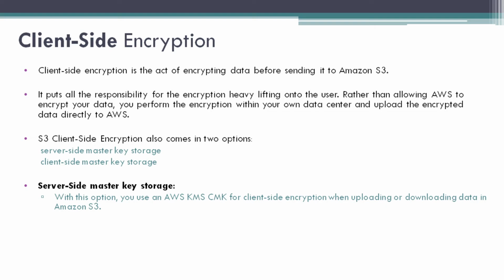So you can use AWS KMS for encrypting data, and this is nothing but server-side key storage. Your key is stored at the server side, and you use that key to encrypt data, and then you upload your data.